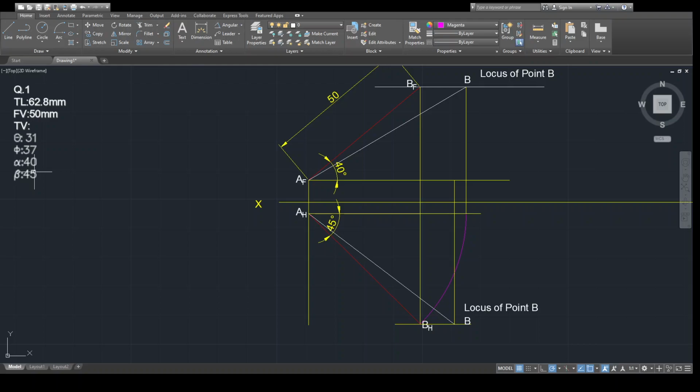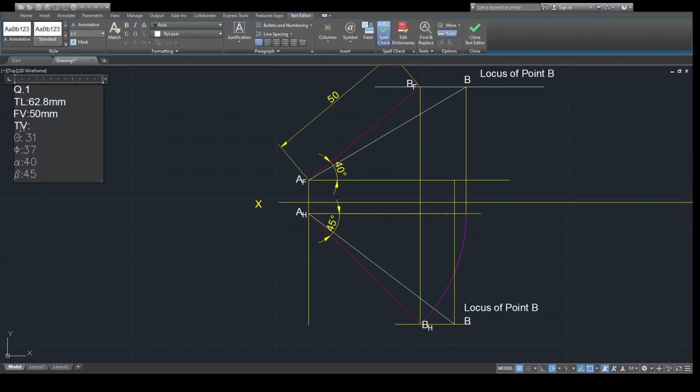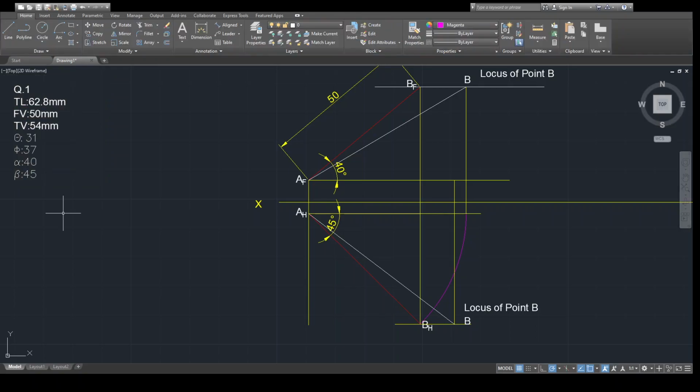What is next? Yes, top view length is remaining. You can find out the top view length also. How to find out? Take this point and take this, yes, 54.03 or 54, whatever it may be. So top view length is 54.